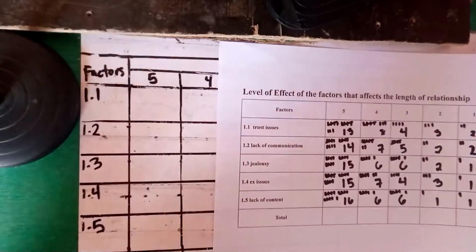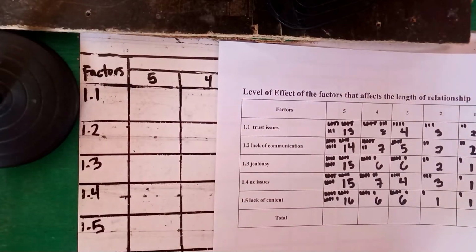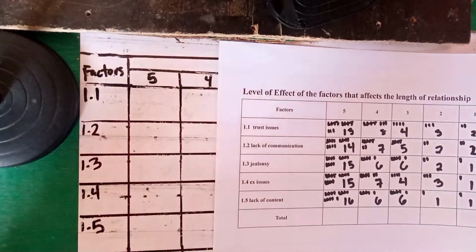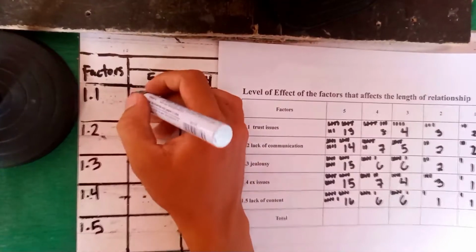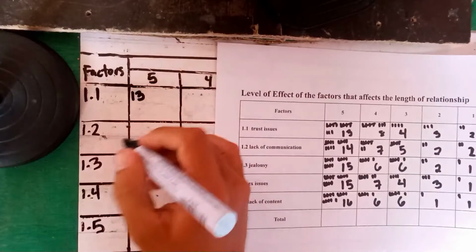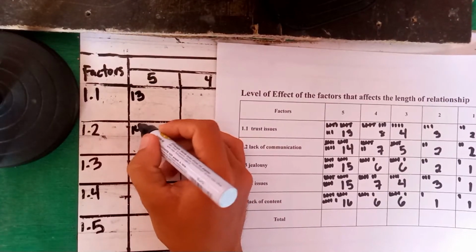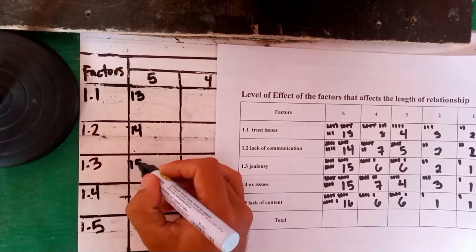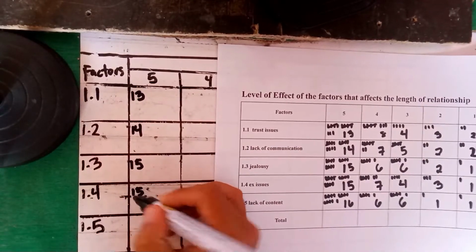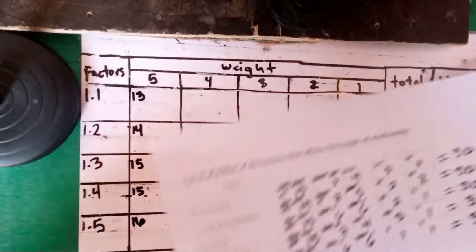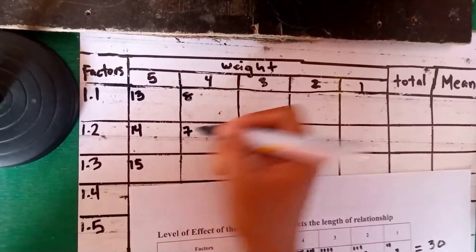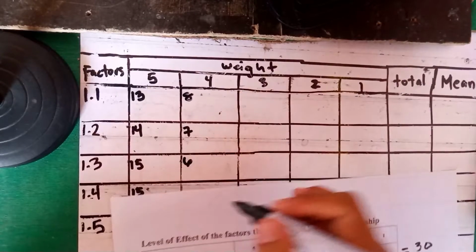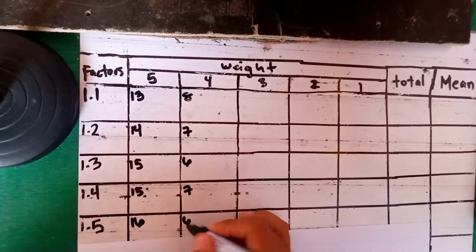The next thing we will do is transfer our tabulation to our prepared computation table. So that would be 13. We have 13 here, 14, 15, 15, and 16. We have also 8, 7, 6, 7, and 6.